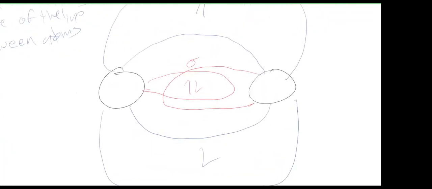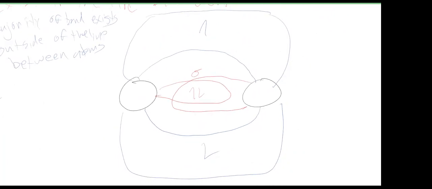Now, if you wanted to be close to our nuclei, so both of these black centers, would you rather be in the sigma bond or the pi bond? The sigma, right? Because the red electrons right there in the middle are closer to both of those nuclei compared to the blue electrons.